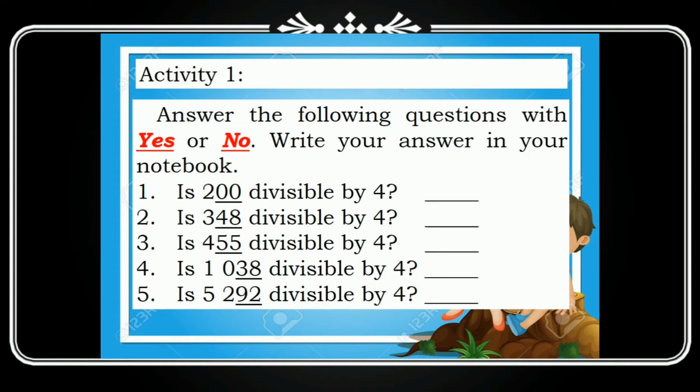Number 3, is 455 divisible by 4? Number 4, is 1038 divisible by 4? And number 5, is 5292 divisible by 4? I will repeat. Answer the following questions with yes or no. Take your time to answer this activity number 1.